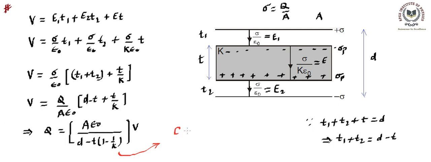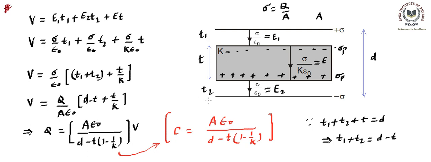So C is going to be written as A epsilon naught divided by D minus T in bracket 1 minus 1 by K. So this is a formula we can remember in case of partially filling it. Moreover, this final answer is not dependent upon T1 and T2.